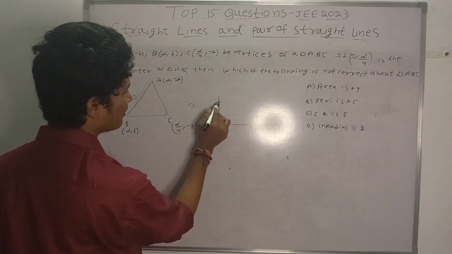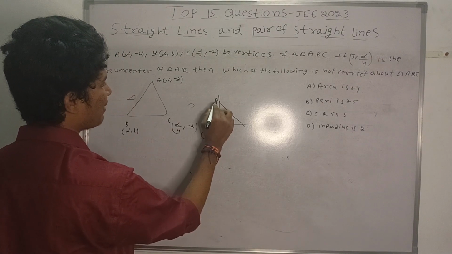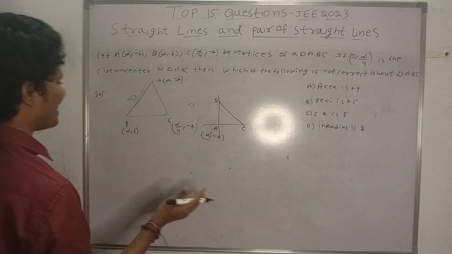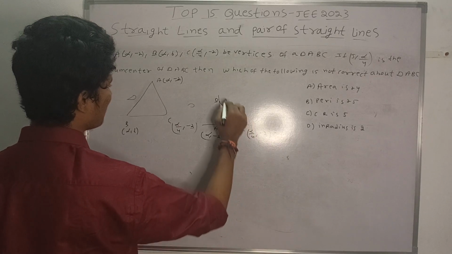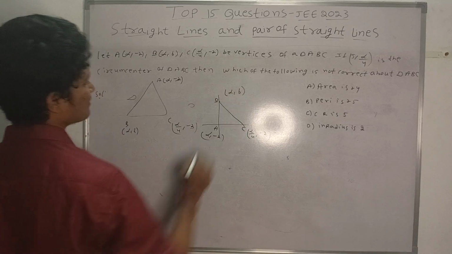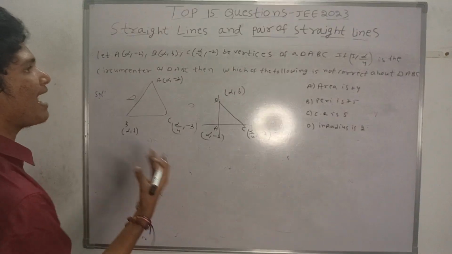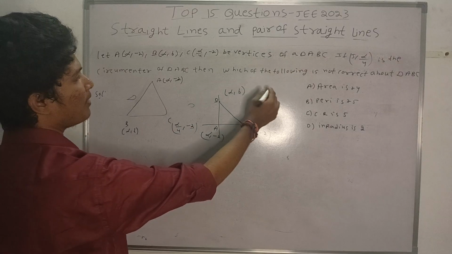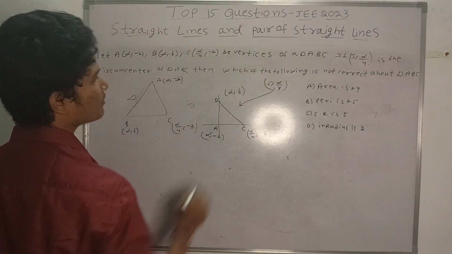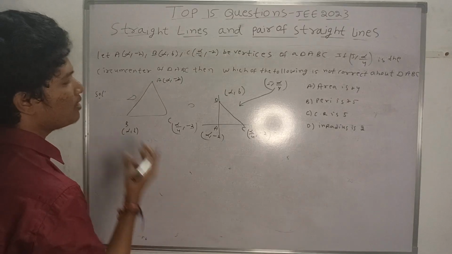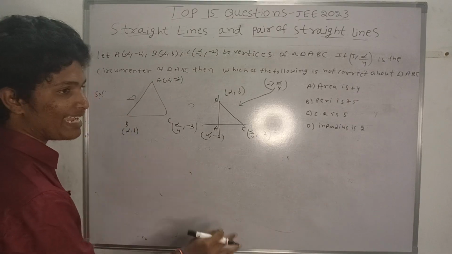So basically this is a right angle triangle, not a normal triangle, with AB perpendicular to AC, C is (alpha/4, -2) and B is (alpha, 6). They are saying that (pi, alpha/4) is the circumcenter of this triangle. So what is the circumcenter of a right angle triangle?